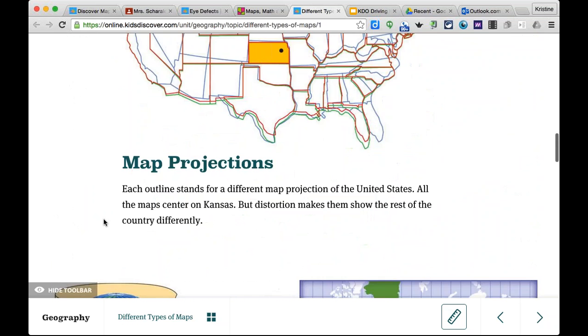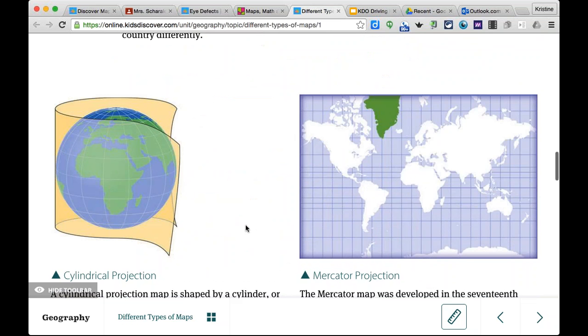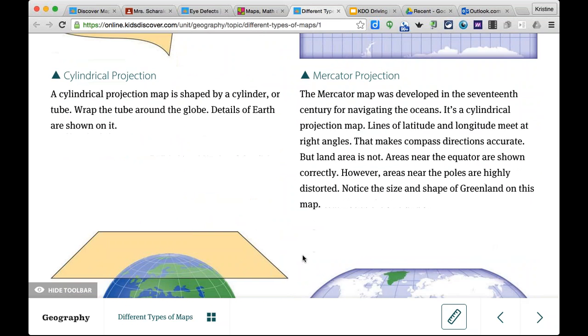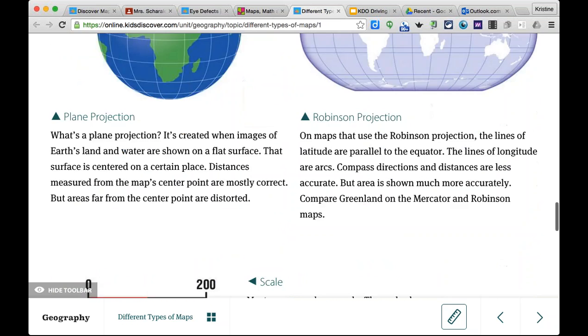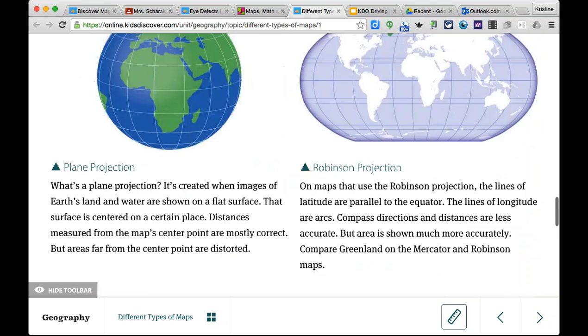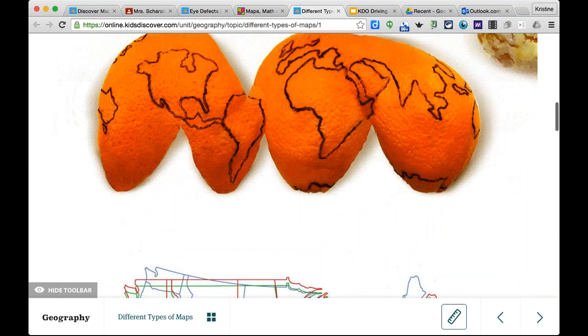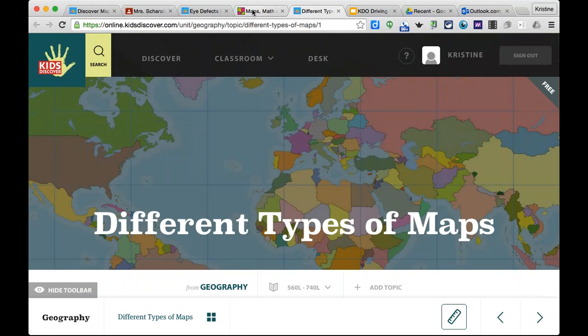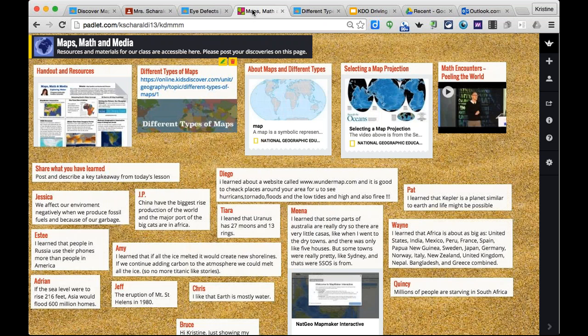There's maps, there's visuals, there's a lot of great text, and the students can continue to scroll and explore this topic. I'm going to go back over to my Padlet and show you I can also include video content and other online resources. But what's really great as well is that the students can use Padlet to give feedback and responses on the topic.